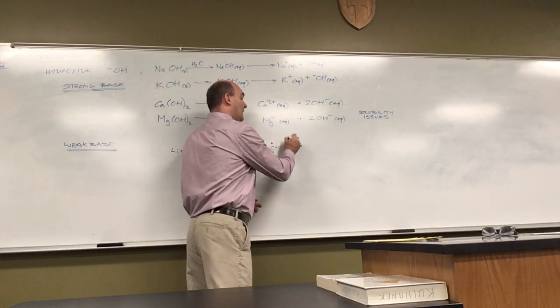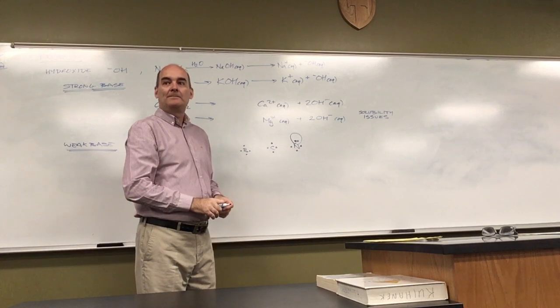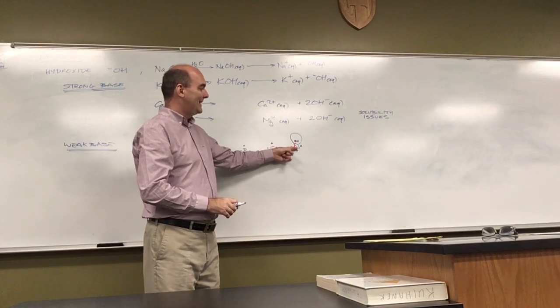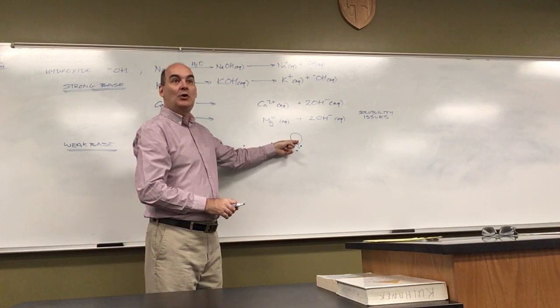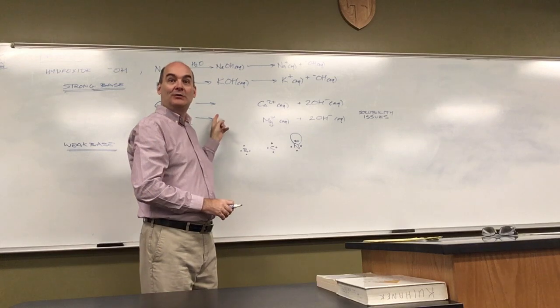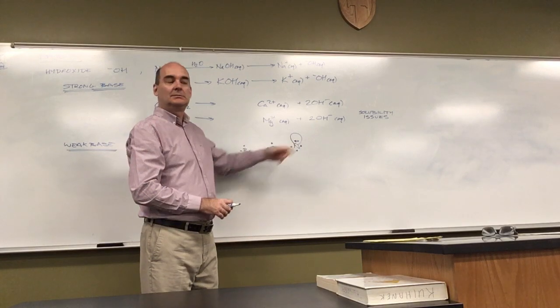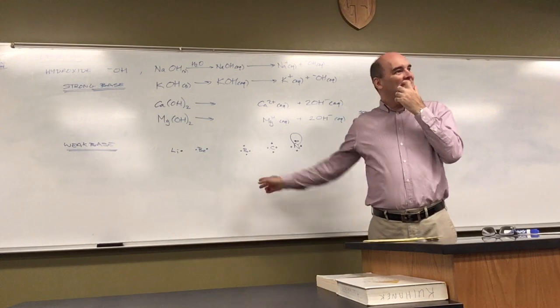Oh! And a lone pair. A pair of non-bonding electrons, which means that nitrogen atom can donate that lone pair of electrons to something else and be a base. It's not a non-metal though.